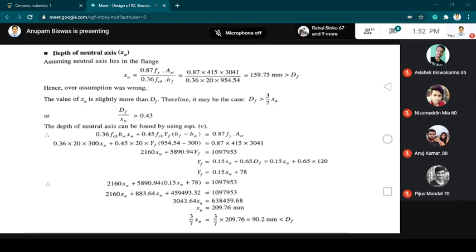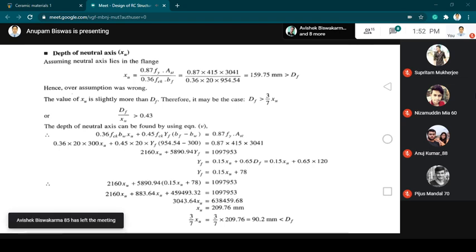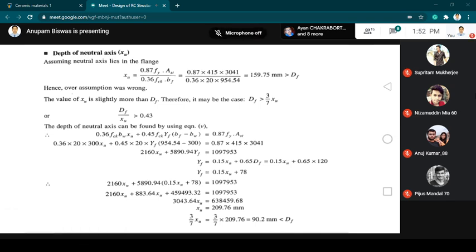Okay, so using the equation for this condition, case 2b, as discussed in the previous class, case 2b where the value of xu max is more than xu and more than Df, and where the value of Df by xu is more than 0.43, means 3 by 7th of xu. For this condition we can use equation 5 as seen, that is 0.36 fck bw into xu plus 0.45 fck yf into bf minus bw.